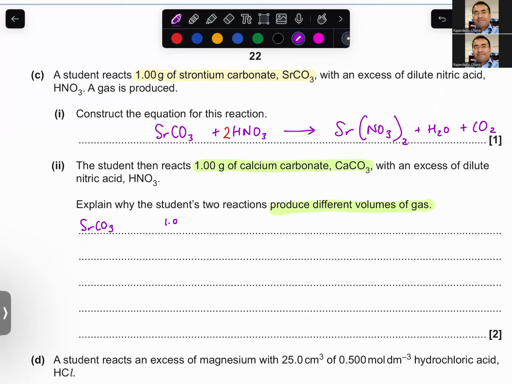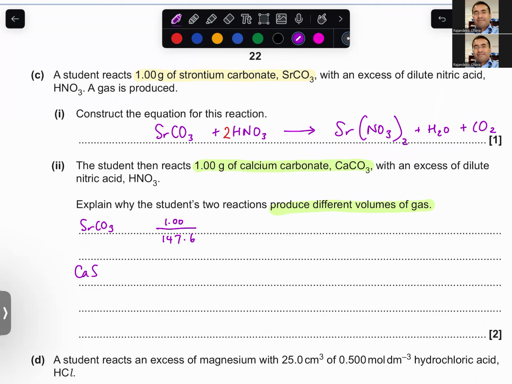With strontium carbonate, if you've got 1 gram, we just quickly work out the molar mass: 87.6 plus 12 plus 48, 147.6.